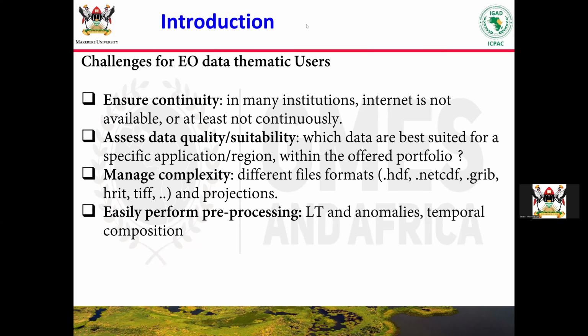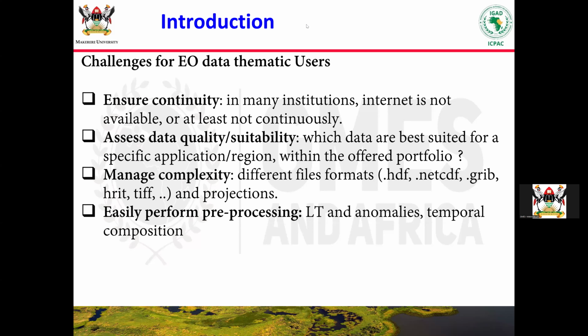When you're working with Earth observation data or remote sensing data or GIS data, there's this component of projection. You'll find that the data is projected using a different projection, and then you need to use it in a different projection. You may have three data sets, and they're all of different projection, but there's also this aspect of continuity.